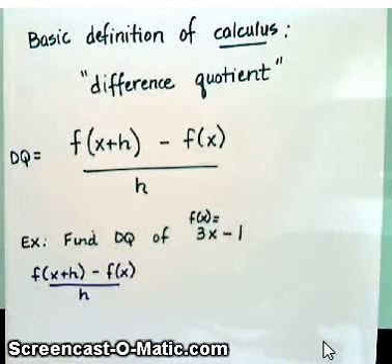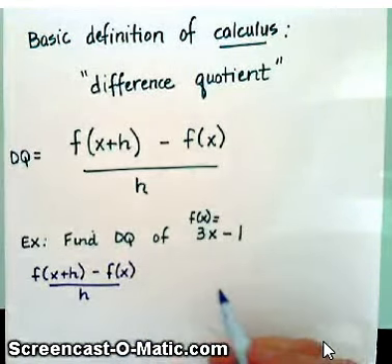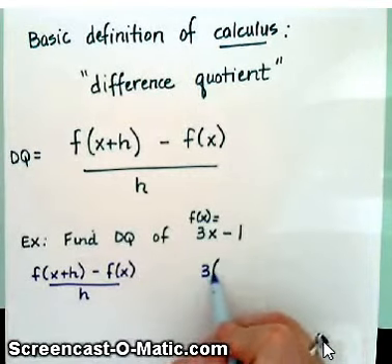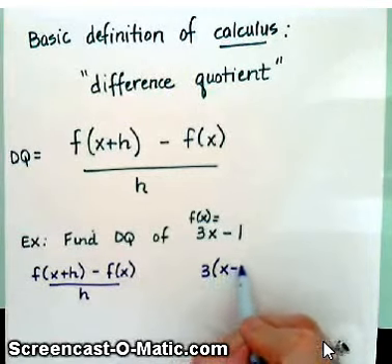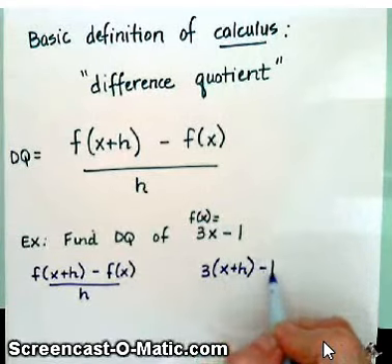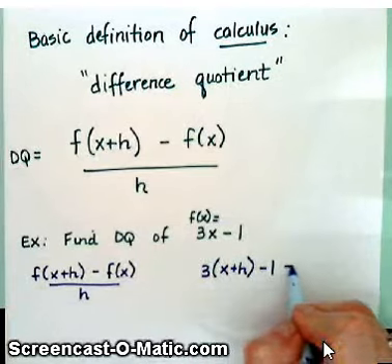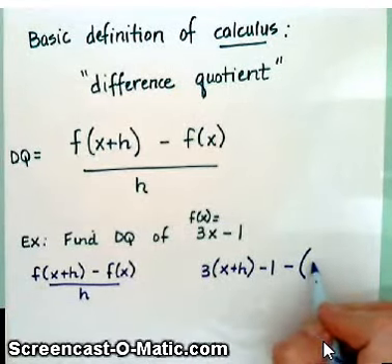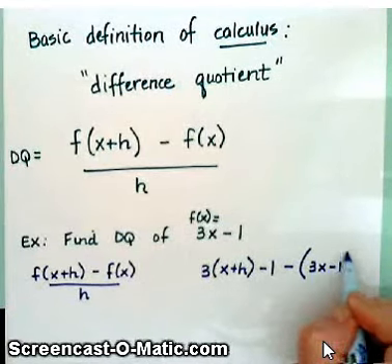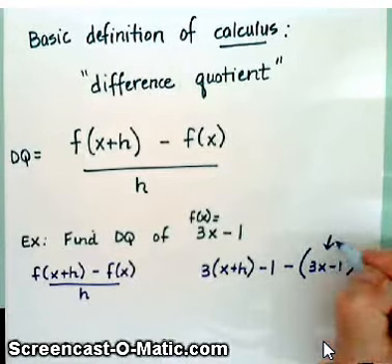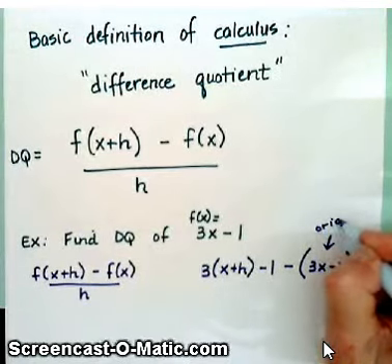So now let's apply that to this particular function. So we're going to say, instead of 3x, we're going to say 3 times x plus h, minus 1. We've let x plus h go in for the variable in this function. Minus, and then I'm going to put parentheses, 3x minus 1. This is the original function. I'm just going to write original right here.